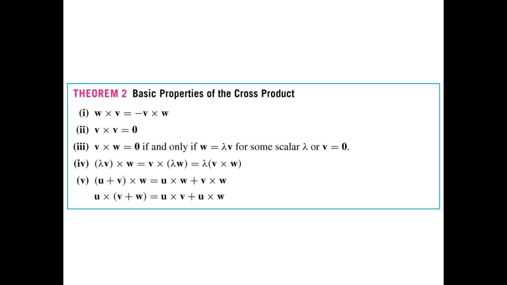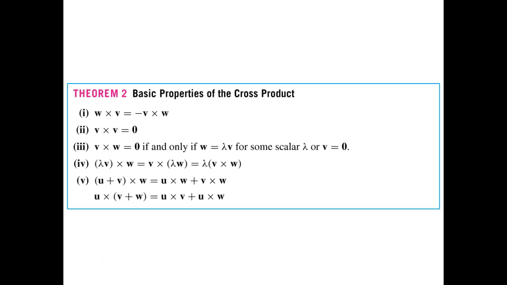Not only is V cross V equals 0, the zero vector, because cross product produces a vector, but V cross some lambda V, the lambda can be pulled to the outside, and then you have lambda times V cross V, which would be 0. So it follows directly from number 2.